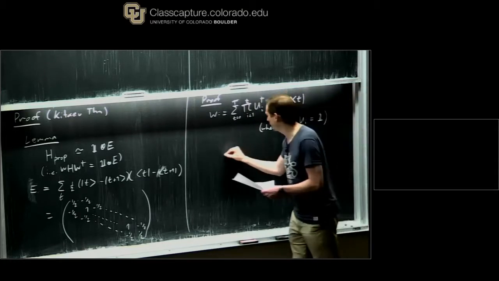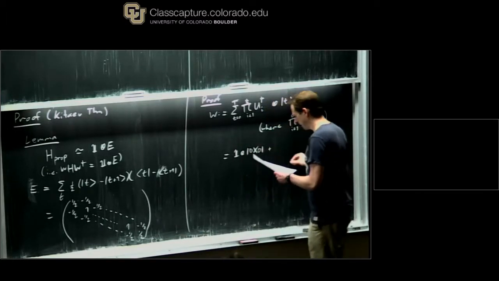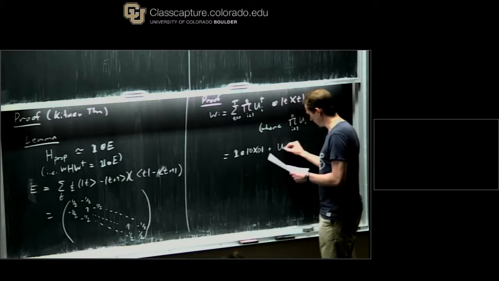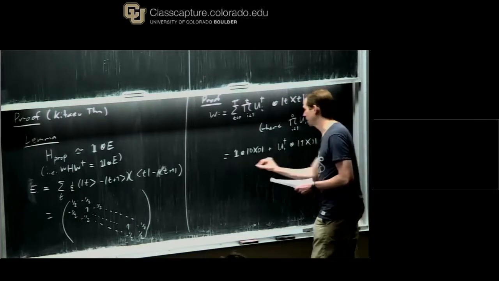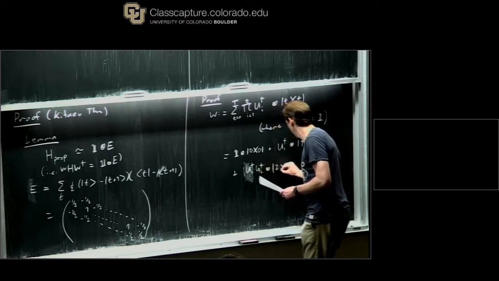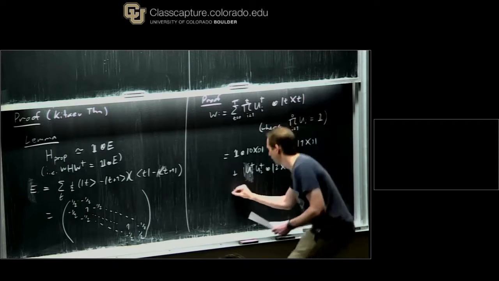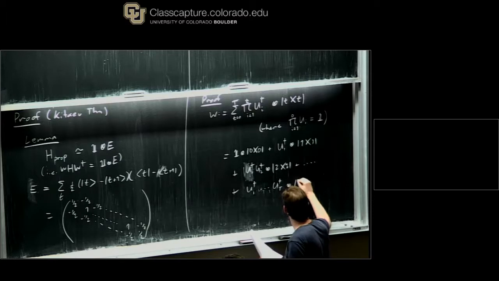So what does this look like if I expand it out? This looks like identity tensor 0 on the clock, plus U1 dagger tensor 1 on the clock, plus U1 dagger U2 dagger tensor 2 on the clock, plus all the others until you get to the final term, where you have, sorry, other way around, U1 dagger all the way up to UT dagger tensor capital T on the clock.